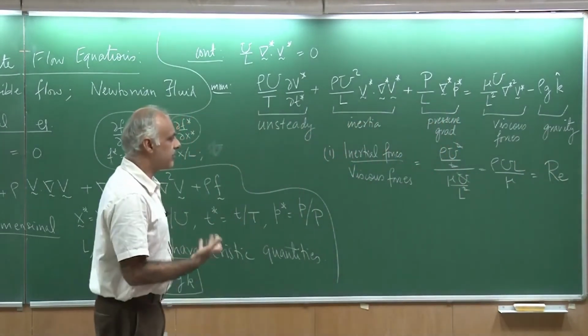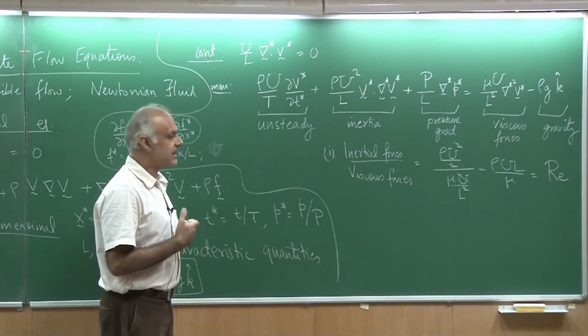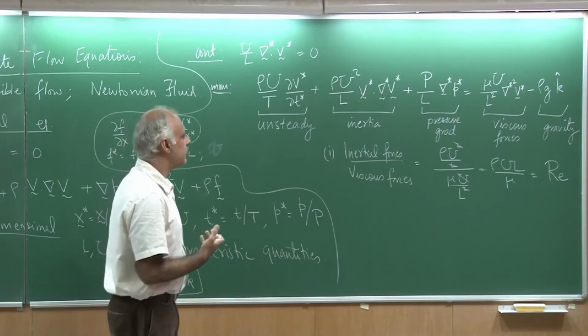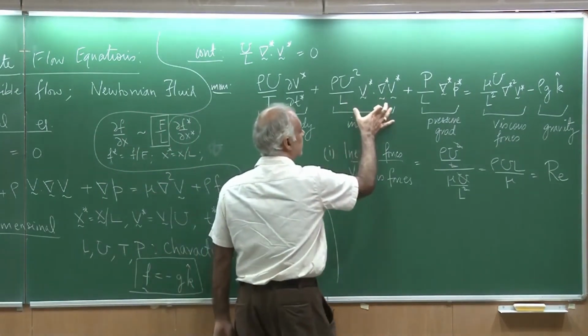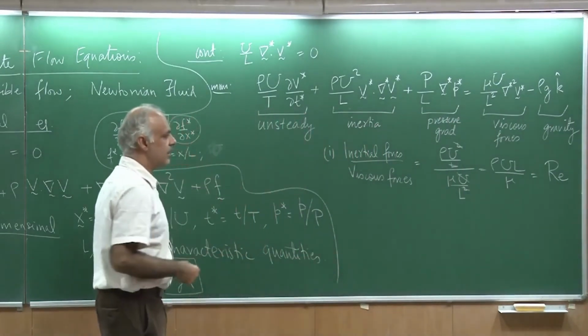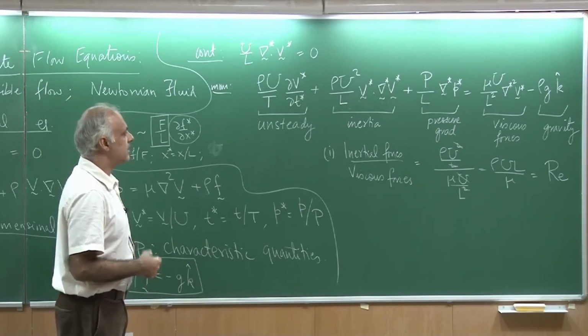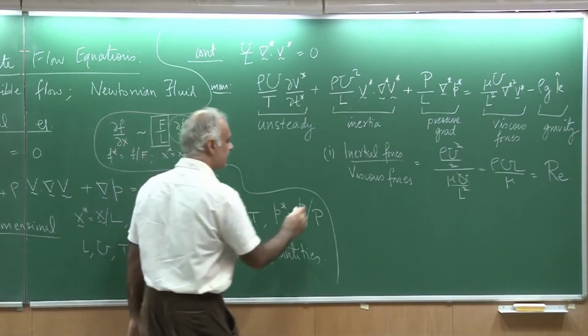And that's what we had argued earlier, that the Reynolds number tells me the relative magnitude of the inertial forces to the viscous forces. This information is clearly available from the equation. Okay, let's move on.